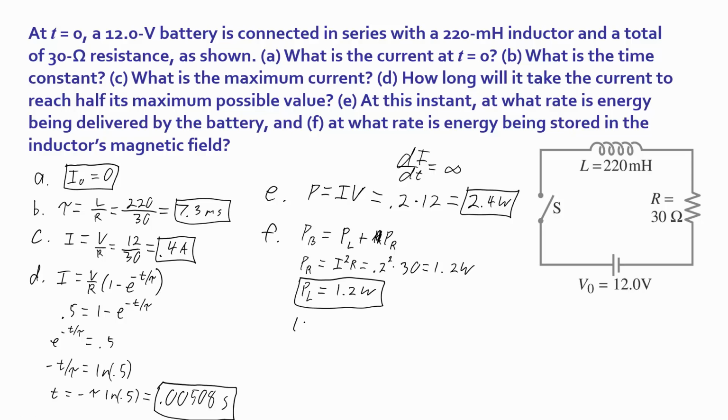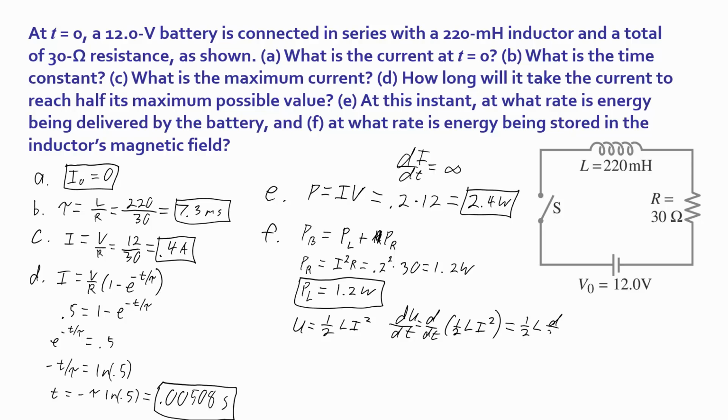Hopefully I've got room here. So we know the energy in an inductor is 1/2 L i squared, but we're interested in the rate of change of energy. So we want dU/dt, and so that's going to be the derivative of this whole thing, 1/2 L i squared. Now we can pull out the 1/2 and the L because those are constant with time.